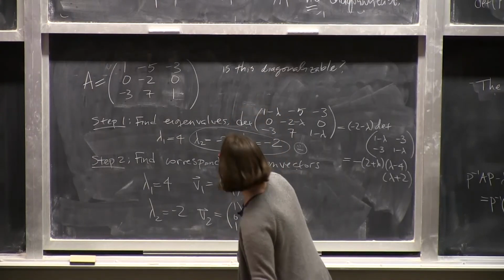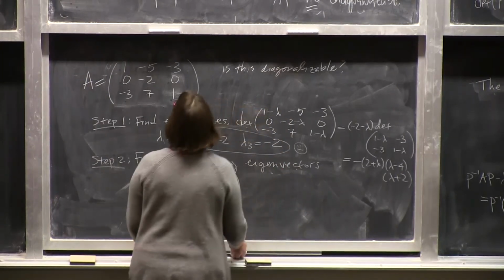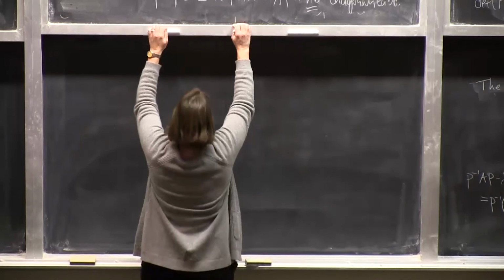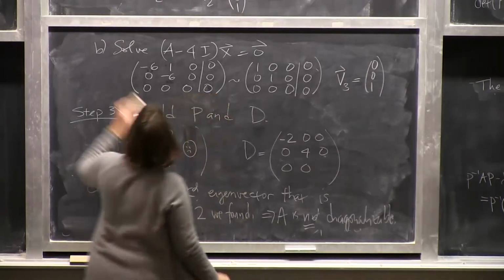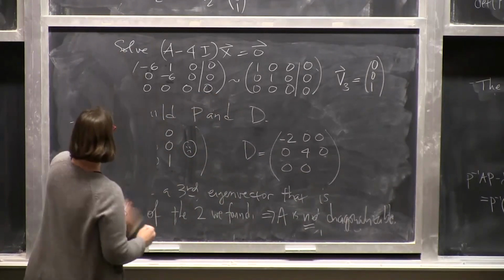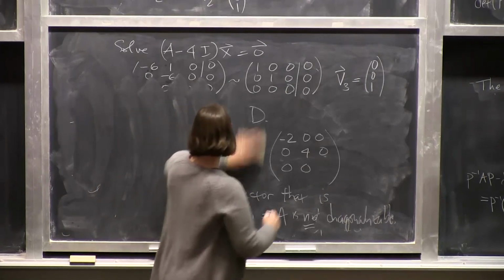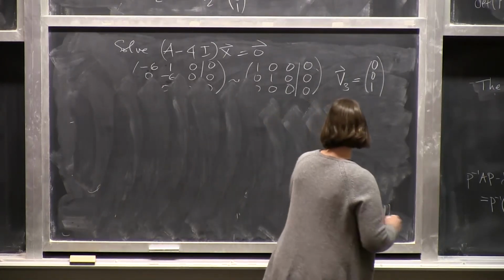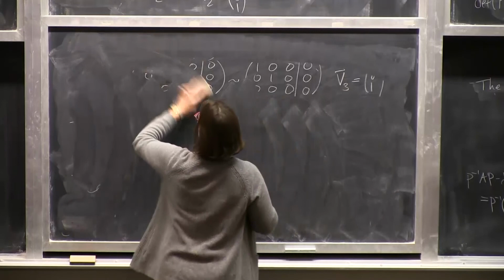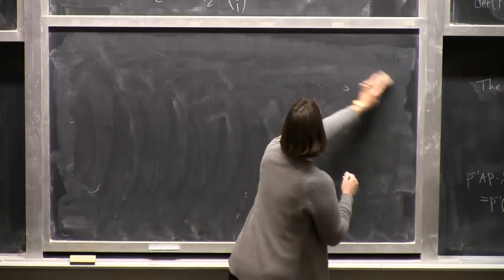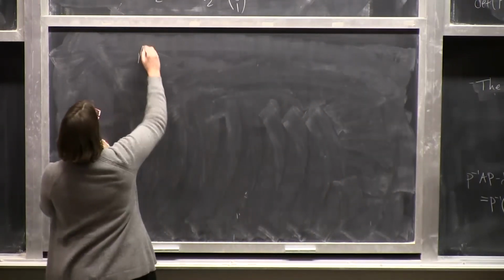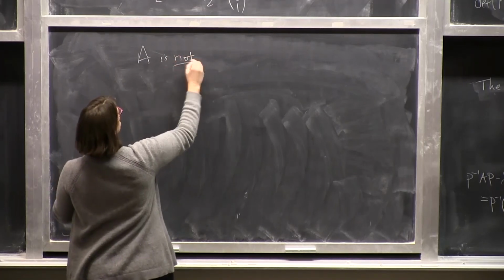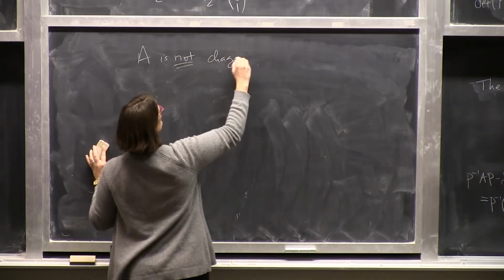And so this matrix A is not diagonalizable.